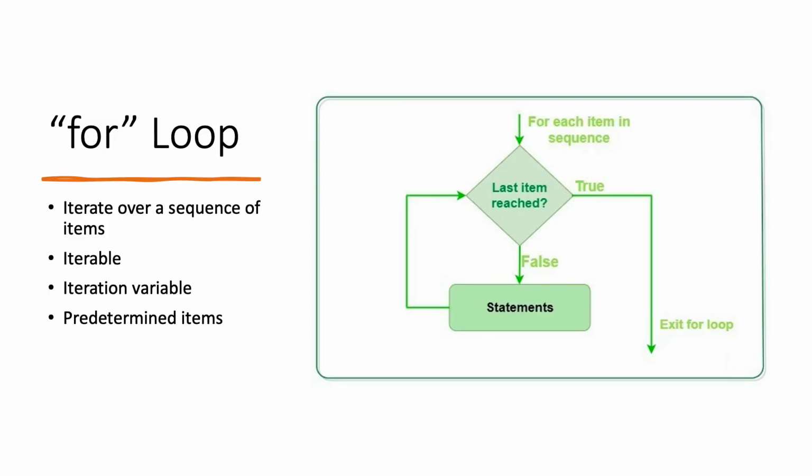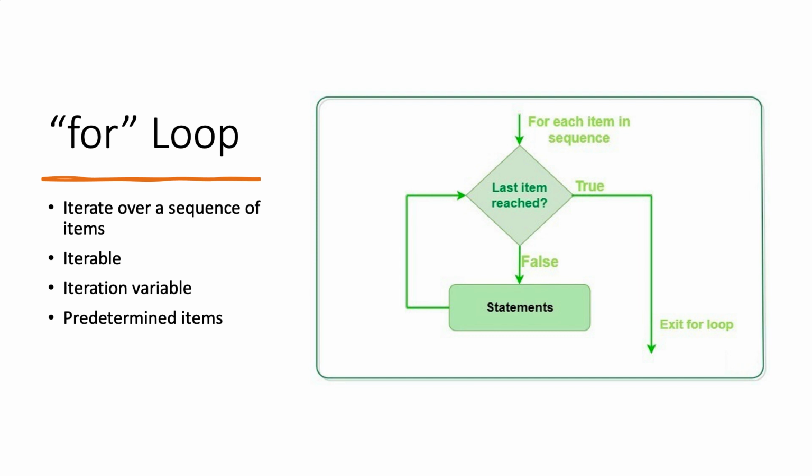Okay, so in Python, a for loop is used to iterate over a sequence of items such as a Python tuple, list, string, or a range, which we'll talk about today. The loop's job is to execute a block of statements for each item in the sequence. Let's get a couple of terms out of the way first. A sequence of items that you can iterate through is called an iterable, or an iterable object.